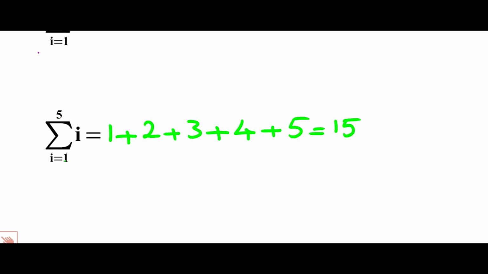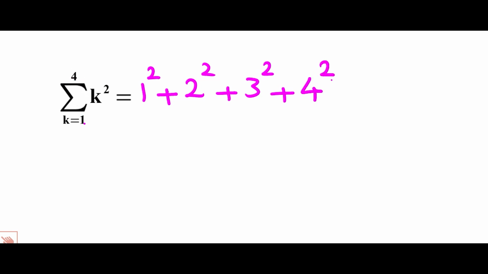Now let us expand a few examples. The sum of k squared from k equals 1 to 4. In this problem, the index k takes the values 1, 2, 3, and 4. So when k equals 1, we have 1 squared, plus when k equals 2 it is 2 squared, when k equals 3 it is 3 squared, plus when k equals 4 it is 4 squared.